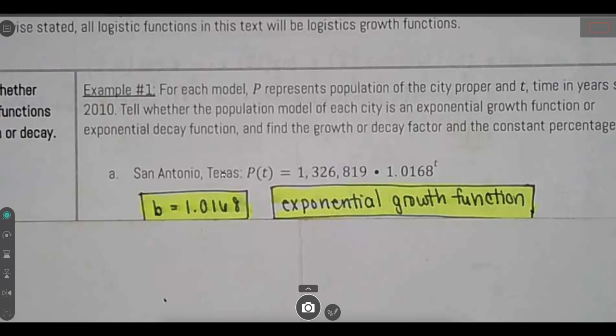Did that make sense? Now, in reverse, if you were given something like this, and they said, what is the percent increase? You could look at this and go, oh, well, 1.2 minus 1, it's a 20% increase. We have determined that this is an increase, and you determine that B is 1.0168.